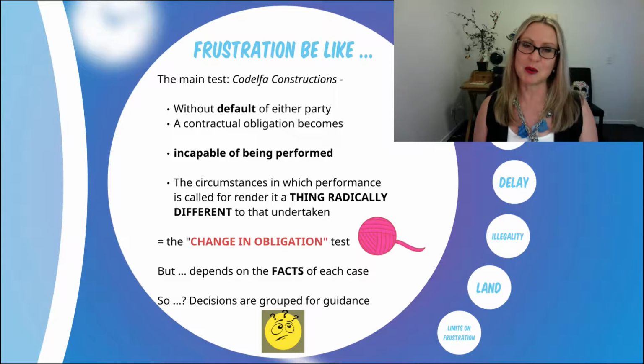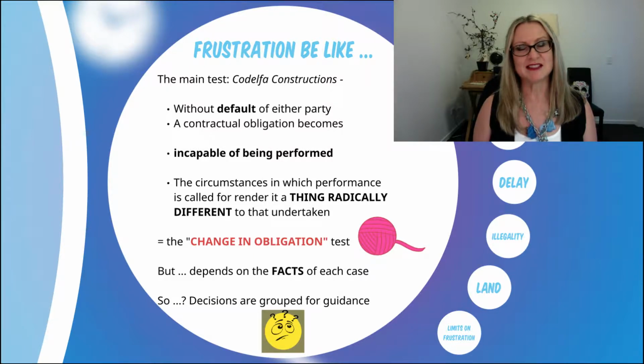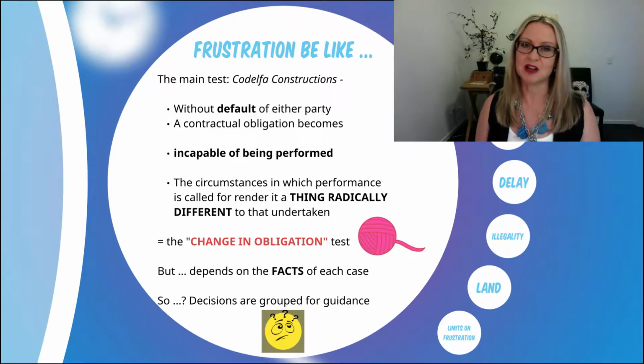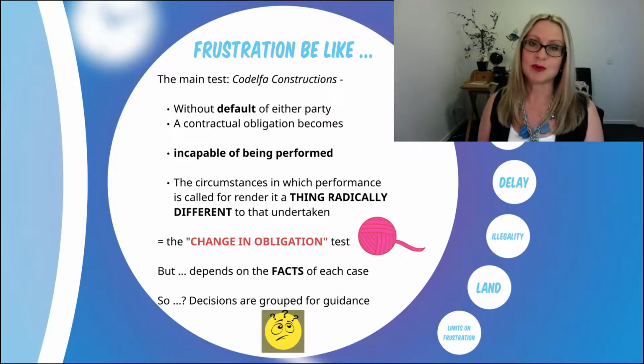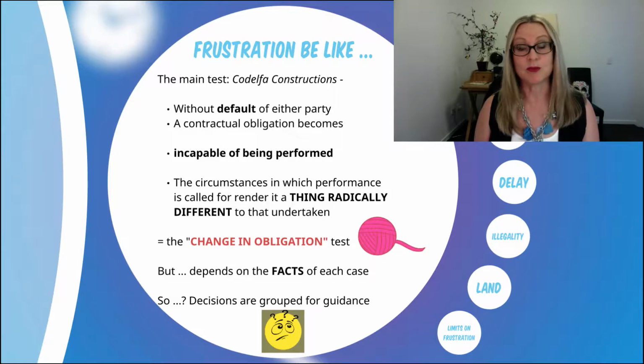Okay, now the first thing I want to say to you guys with discharge for frustration is that there's really no crystal ball test. There's no bright line test you can apply here. It's a doctrine like most other doctrines that are intended to serve as guidelines. You can't say that there's going to be a hard and fast rule and all of these cases will fall on this side and all of those cases will fall on that side of this bright line.